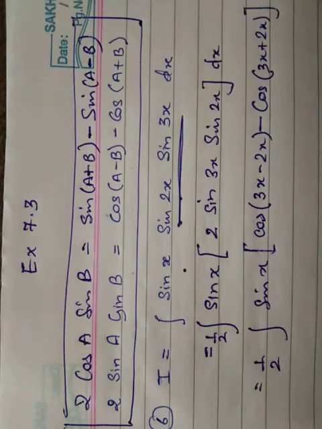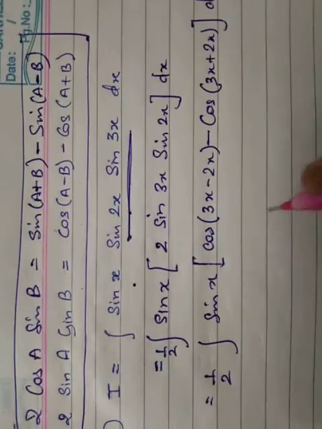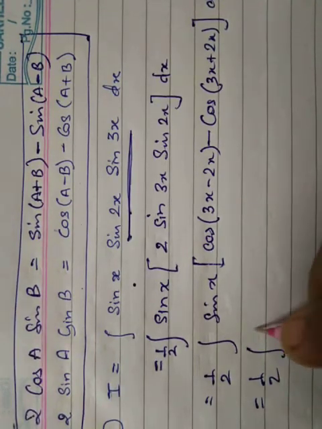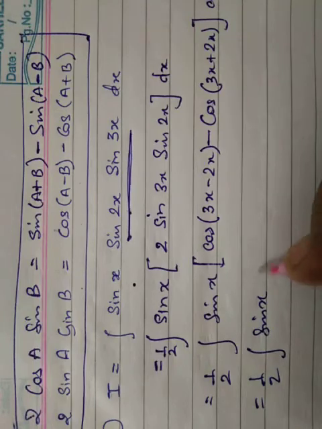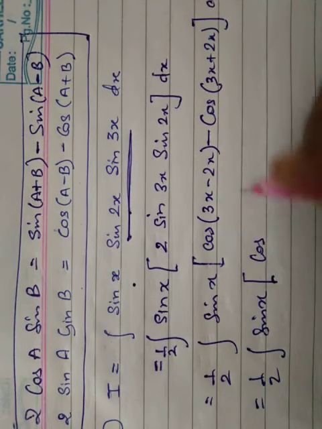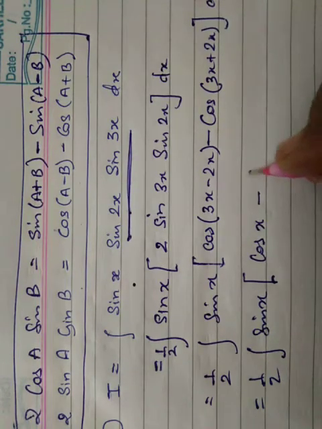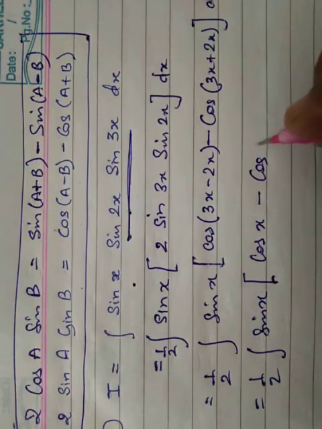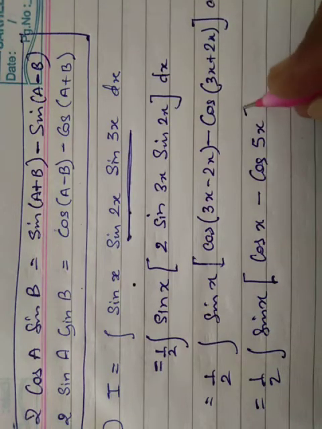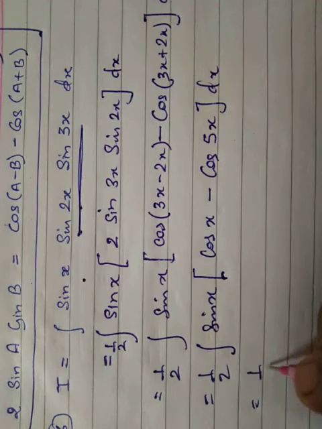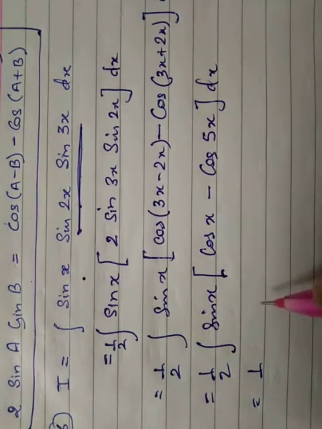I applied that formula in the bracket. So that is going to be 1/2 integral sin x, and in the bracket I have cos of 3 minus 2, which is just x, then minus cos of 3 plus 2, that is 5x, dx.